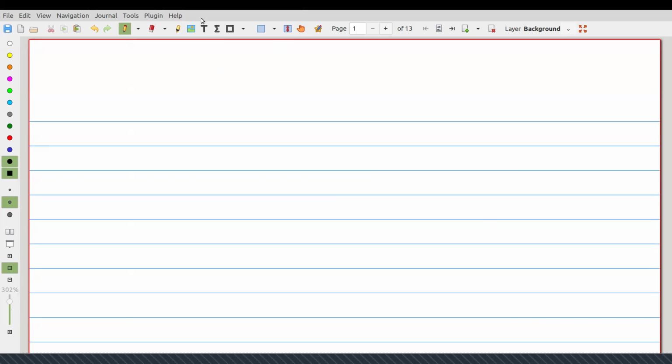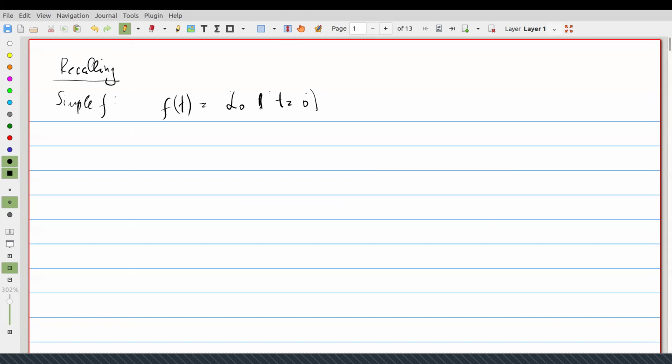So let's start with recalling what we did last time. We considered so-called simple progressive processes, which are defined as follows: f(t) equals alpha 0 at t equals 0. This part is irrelevant, effectively. It doesn't affect the value of the integral at all.